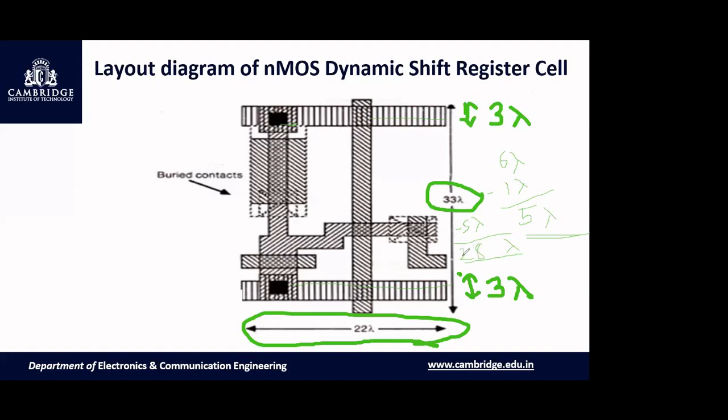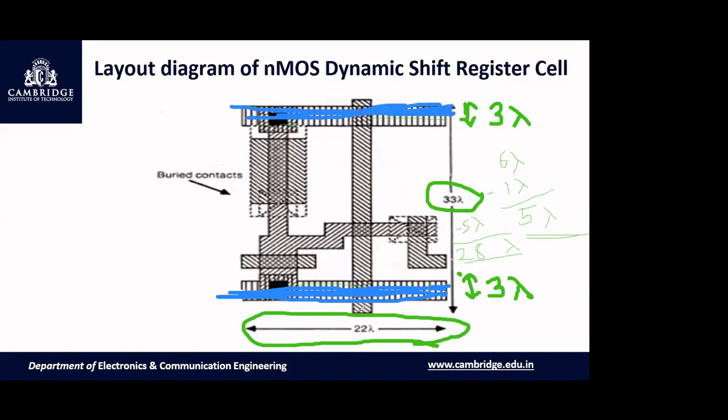Understood, no? Here, the power supply rail is common for n number of memory cells, so we need to ignore this. Here, 3 lambda would be required for the top one and 3 lambda would be required for the bottom.